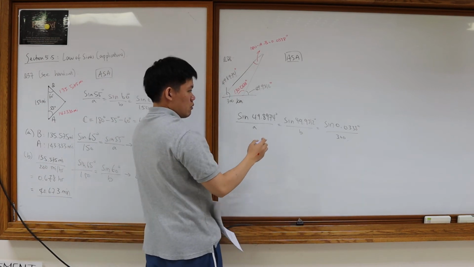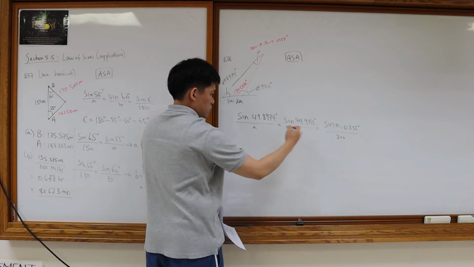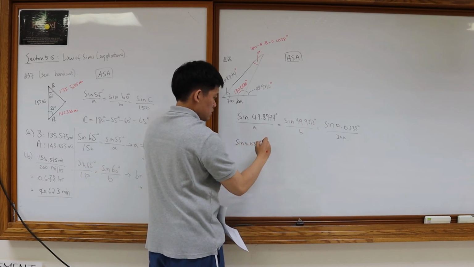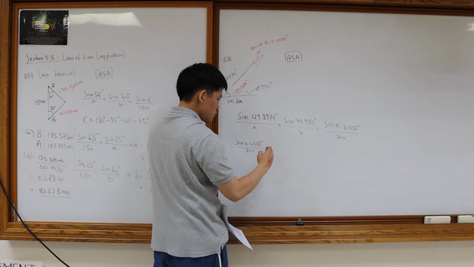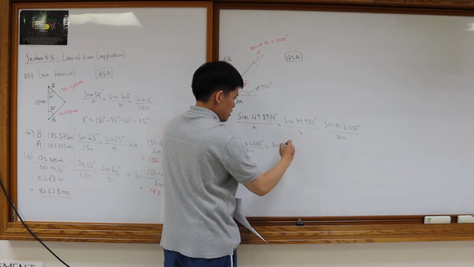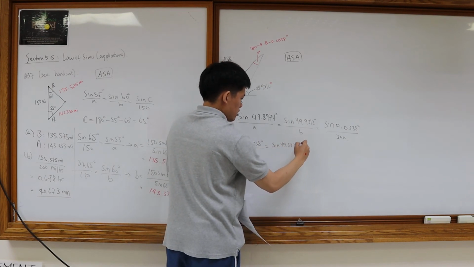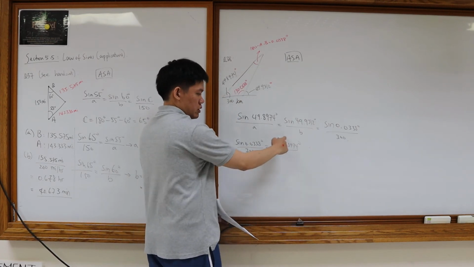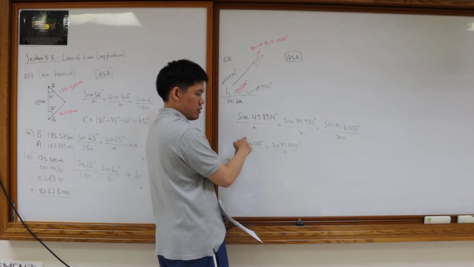So in that case, use this one to refer to this. Sine of 0.0338 degrees divided by 300 is equal to sine of 49.8974 degrees divided by A. That implies by rearranging, A comes up, 300 goes up, and sine of 0.0338 comes down.